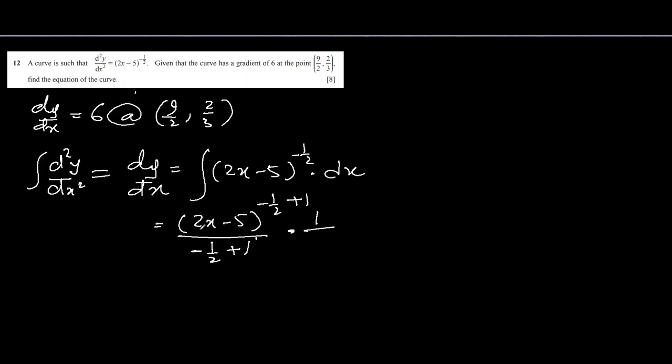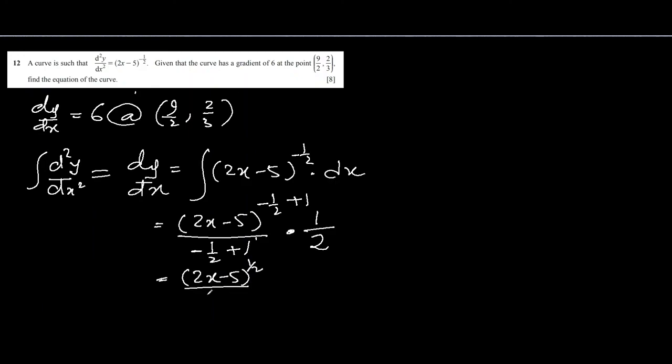So what is the differentiation of 2x minus 5? 2. So we divide the whole of this by 2, and I'm showing it by multiplying by half, the same as dividing by 2. Right? I don't want to confuse this and this, that's why I have written it separately. So let's write the simplified form. (2x minus 5) to the power positive half divided by positive half.